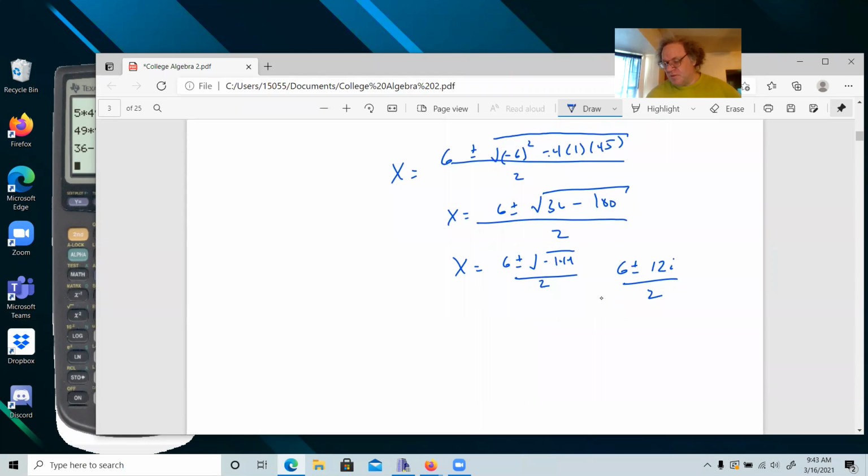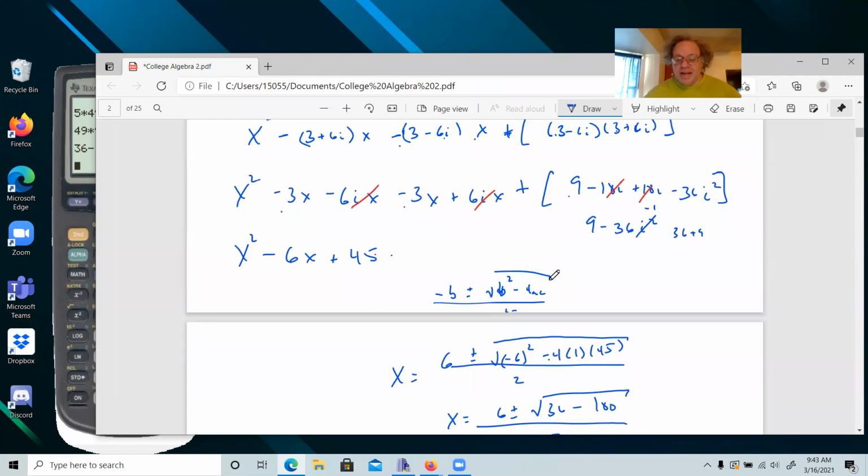If I divide both of these terms by 2, this is really 2 times 3 plus or minus, take a 2 out, that's 6i over 2. And what were the two zeros that I was told about? 3 plus 6i and 3 minus 6i. So I'm pretty happy that, I'm not going to promise the rest of the problem is going to be right, but at least up until here, we're good.